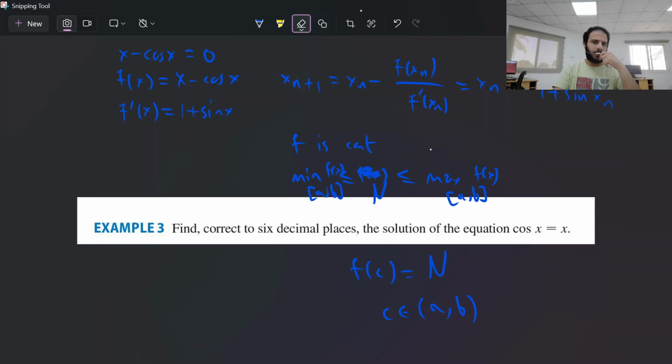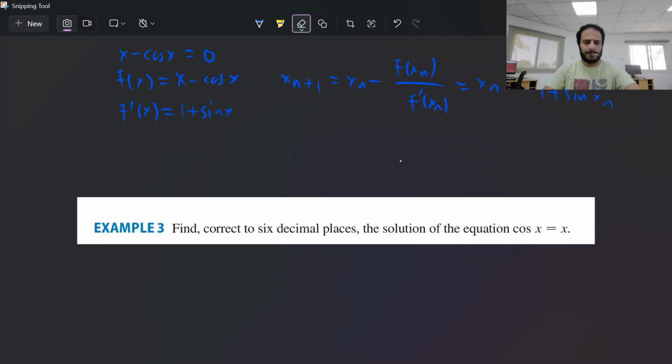I will show you how to do it. So let's erase this. So now our function is x minus cosine x. I want the solution to be 0, right?